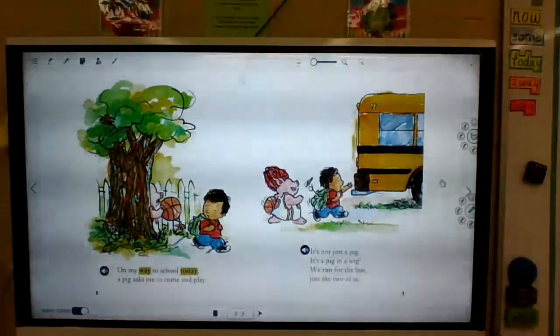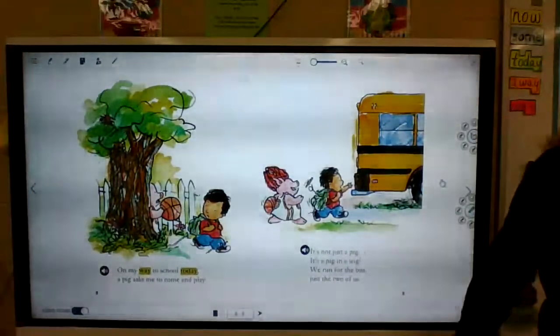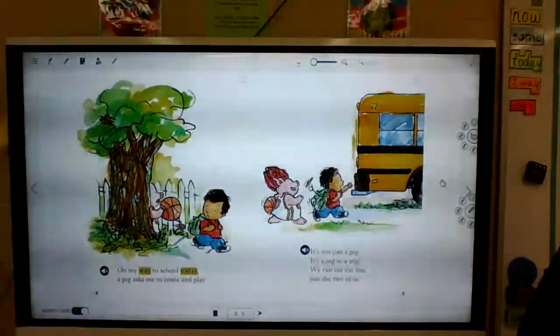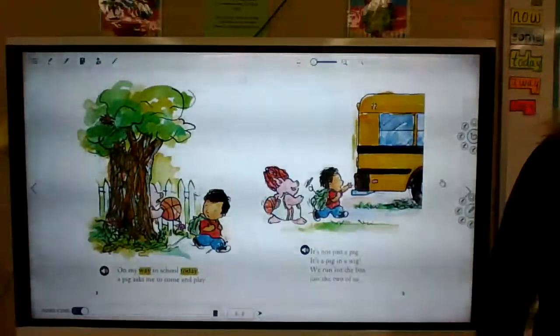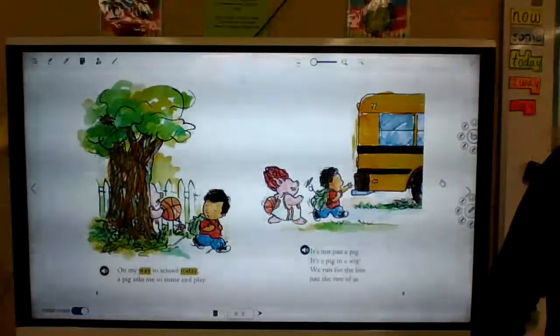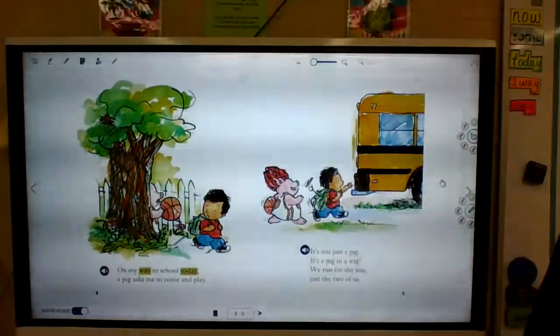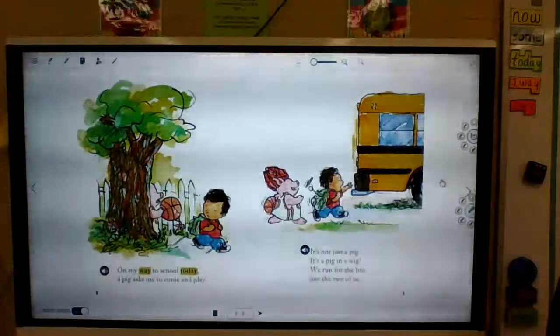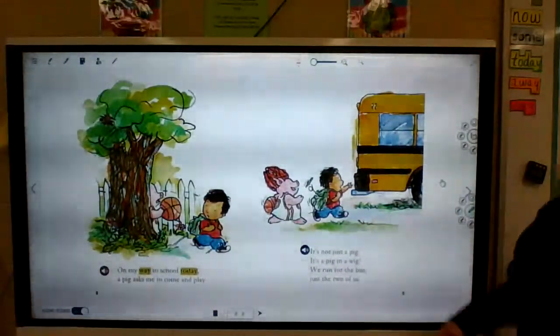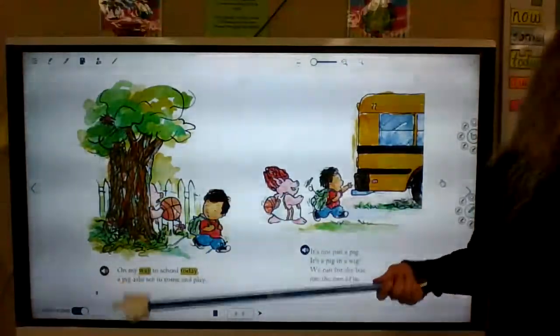Okay, so when I start reading a story, I use clues in the text and in the illustrations or pictures to guess what might happen next. On these pages, I see a boy in a school bus. I can predict that the boy is going to ride the bus to school, yes.